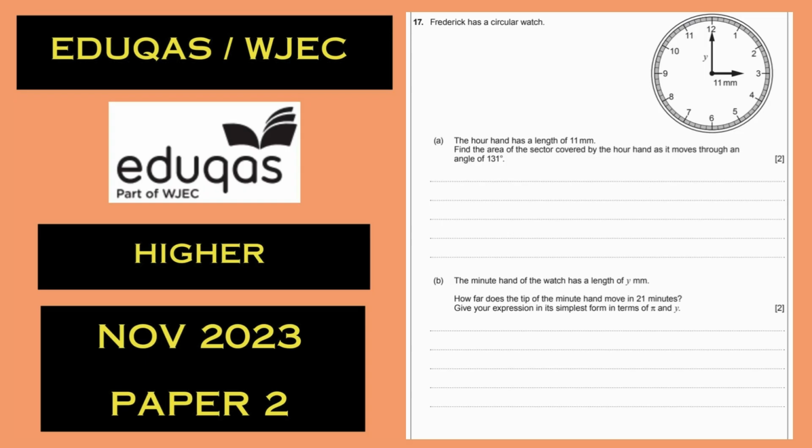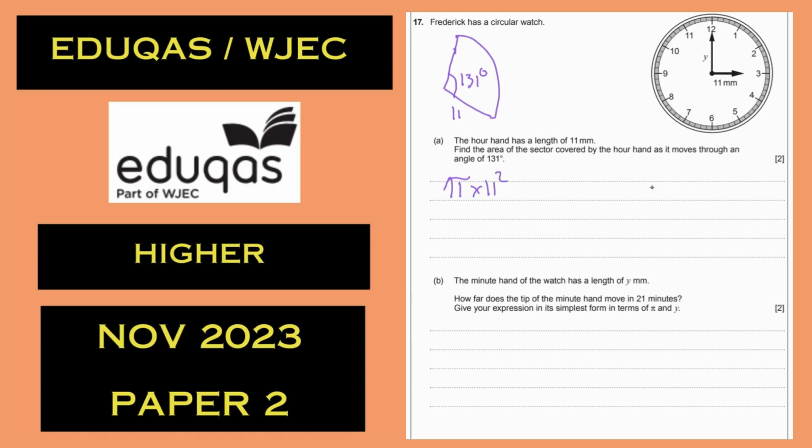So when this moves like so, it's basically travelling, as they've said, 131 degrees. This sector has a radius of 11. So this horrible wording is really just saying find the area of this sector. It's pi r squared.